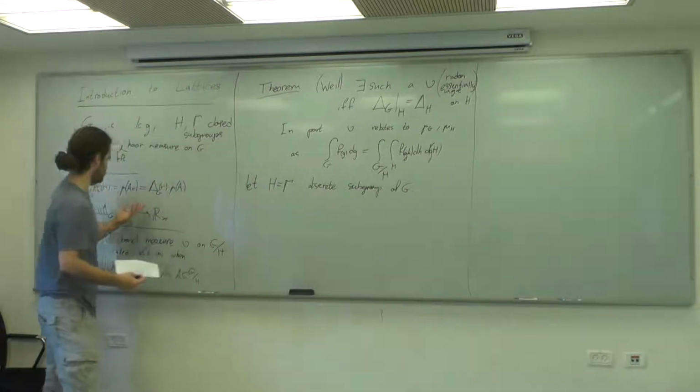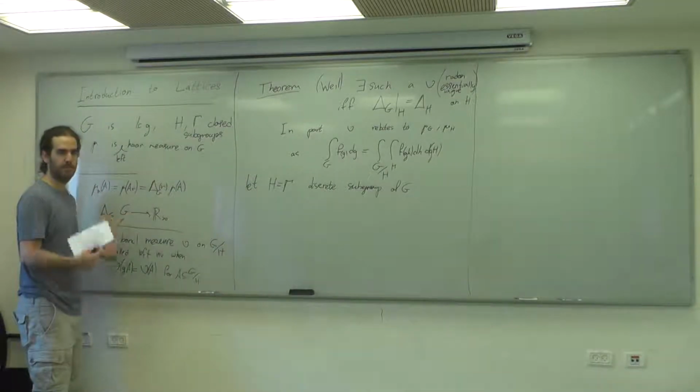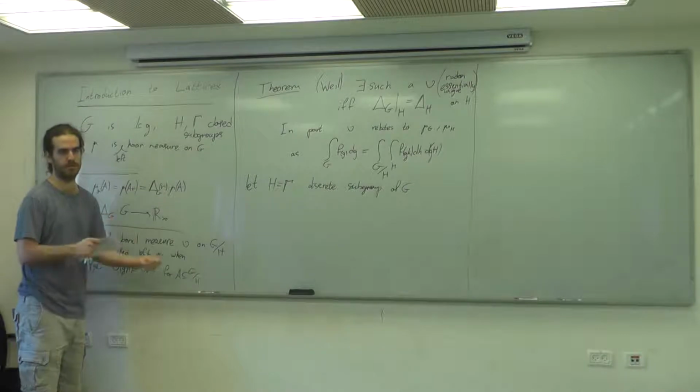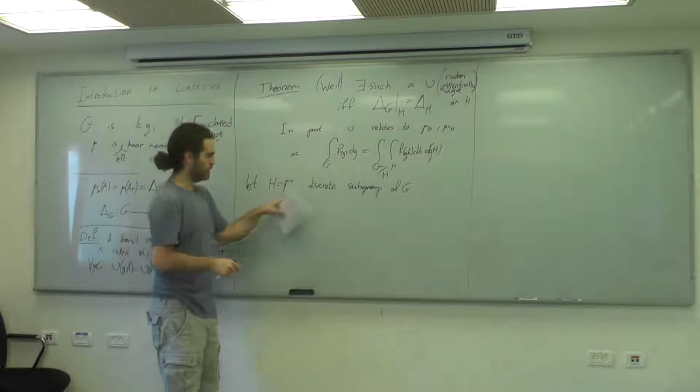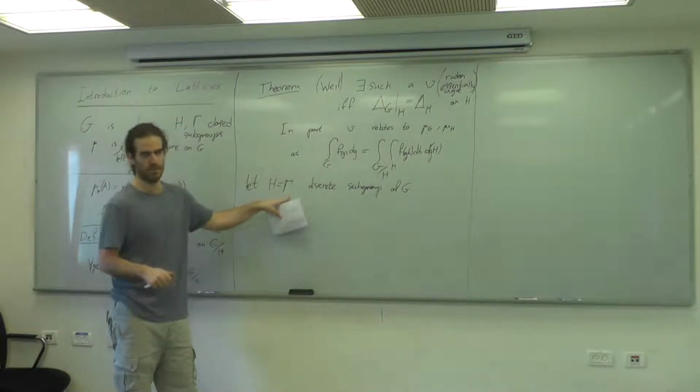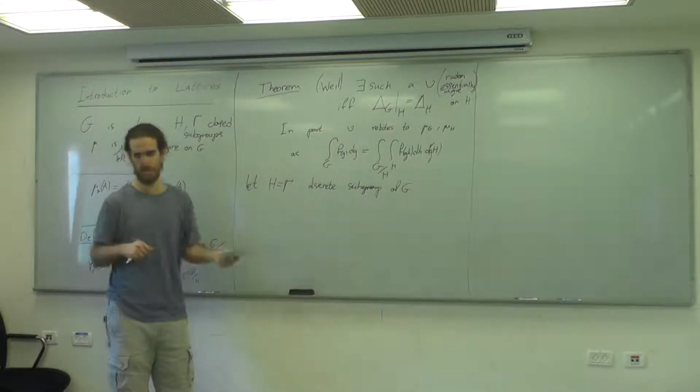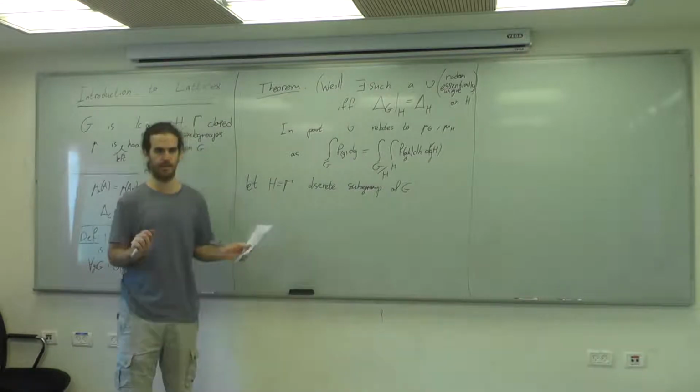The modular function is identically 1 if and only if the right measures are left measures and vice versa. With counting measure, it's definitely right and left invariant.